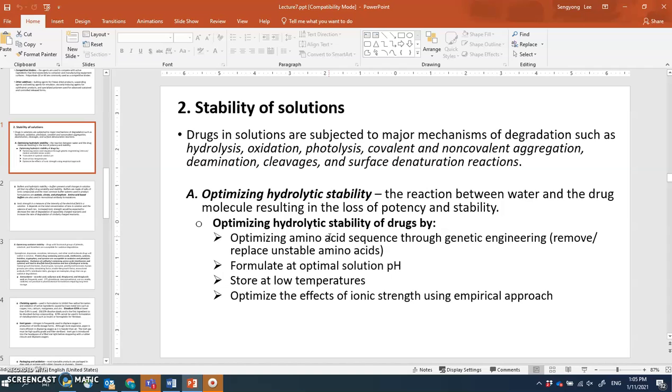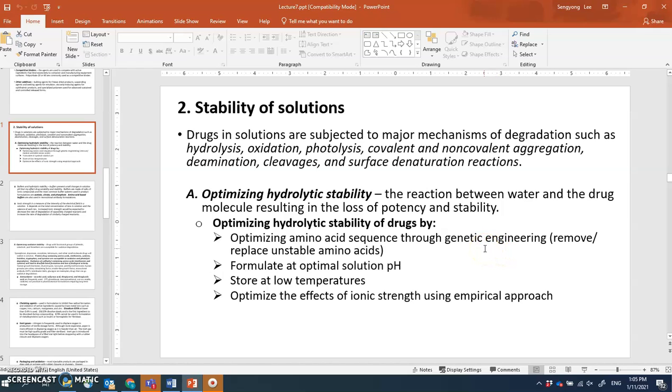If your API is a protein molecule, of course, proteins are made out of amino acids, so it will have a sequence of amino acids, and you will see if your protein sequence is prone to hydrolysis. If there are certain amino acids which are prone to that, then you may want to remove those amino acid sequences and change them to something else without losing the structure and function of your drug. That may be done by genetic engineering. An amino acid sequence change is done at the DNA level.